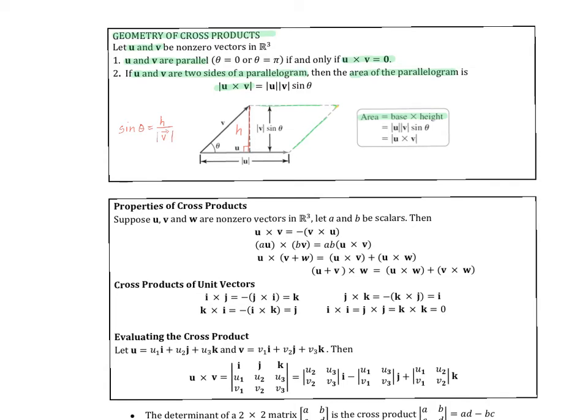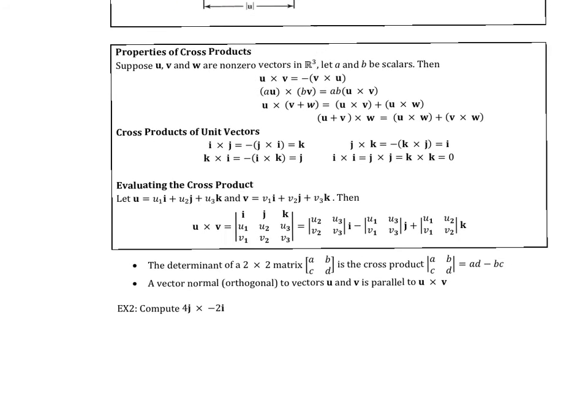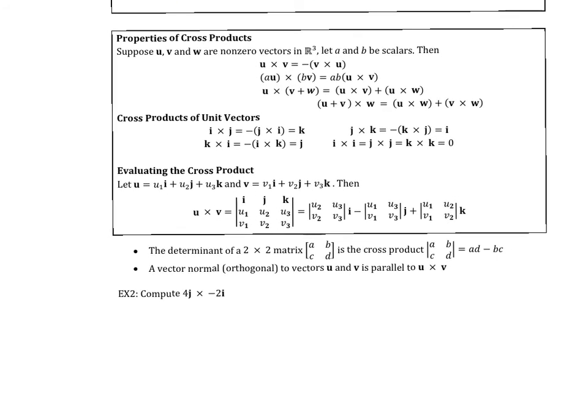So now if we take this equation and we solve for h, we have that the height is equal to the magnitude of our vector v times sine theta, and that gives me my formula for the area of a parallelogram, or simply the magnitude of the cross product. We'll do an example in just a minute, but let's look at some more properties.